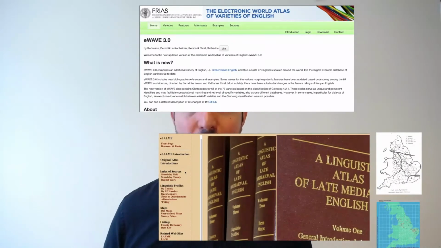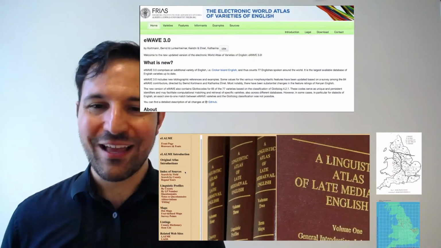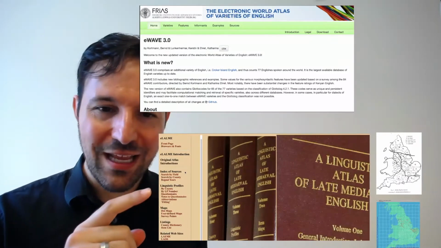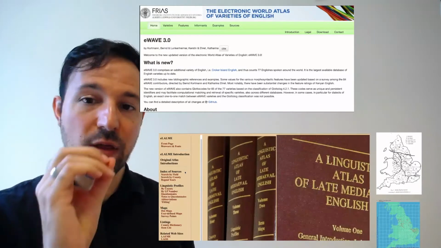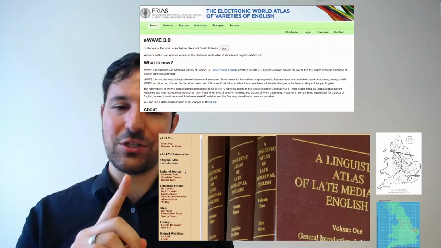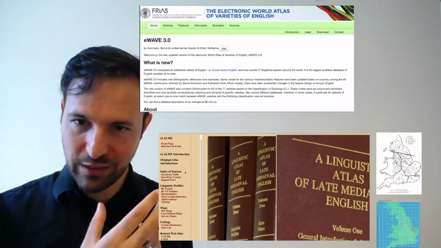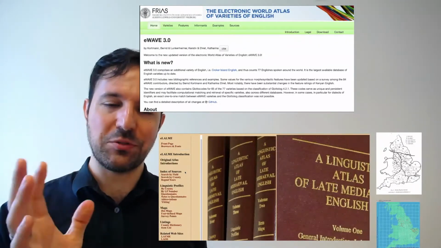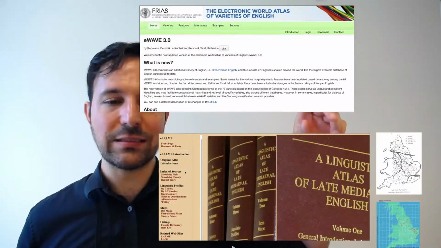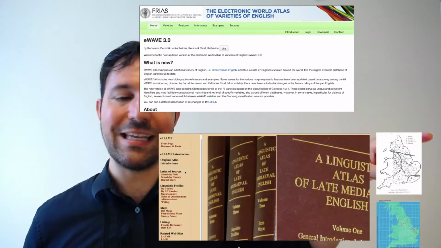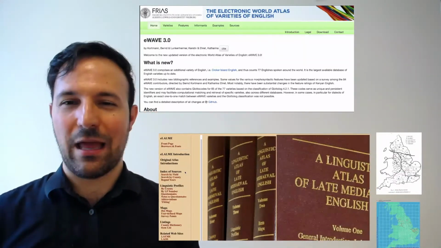While we're here, there are also two other online tools that we introduced in this course. I've already mentioned the eLALME, right, the electronic version of the Linguistic Atlas of Late Medieval English. Remember that that's late medieval English. Generally, we say that to mean English after the reemergence, right? So 1350s and on. And to break down the remarkable dialectal variation of Englishes in that period, we have these very fascinating maps on eLALME.